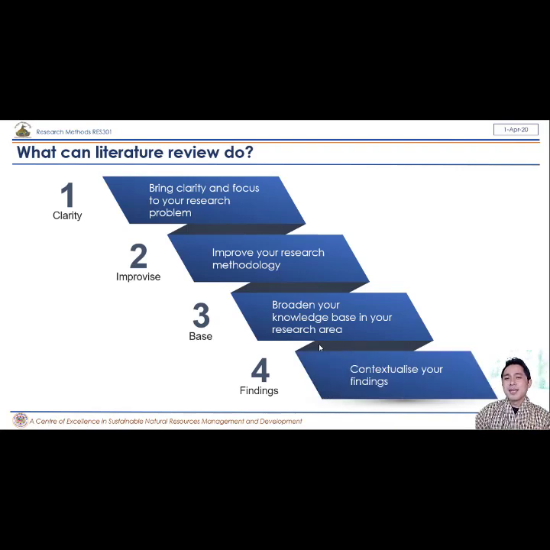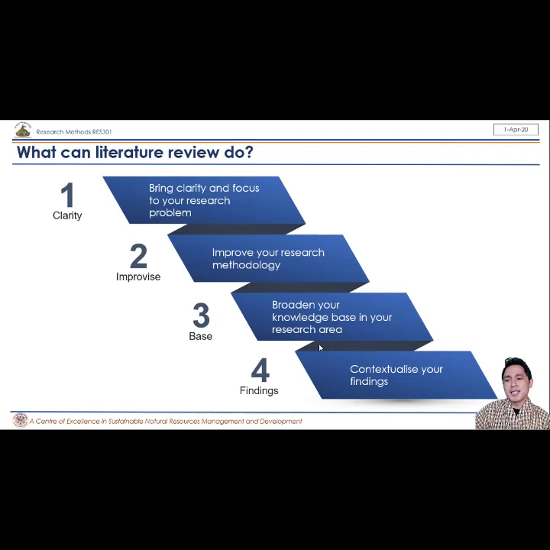The fourth one is that after finishing up with our study, finishing up with our data collection, then writing results, what literature review can do is show whether our finding is similar to the findings of other people, whether our finding is contradicting the findings of other people, or whether we are adding a new finding to the findings that are already there.